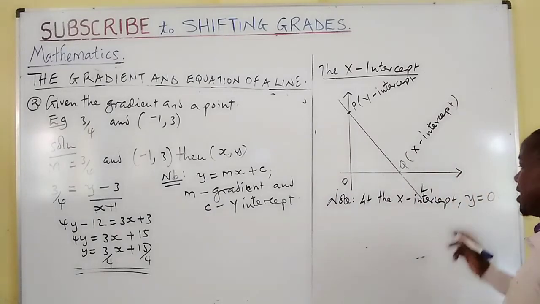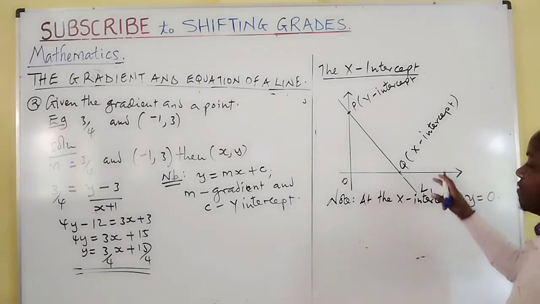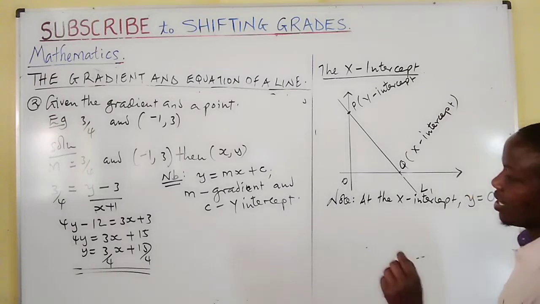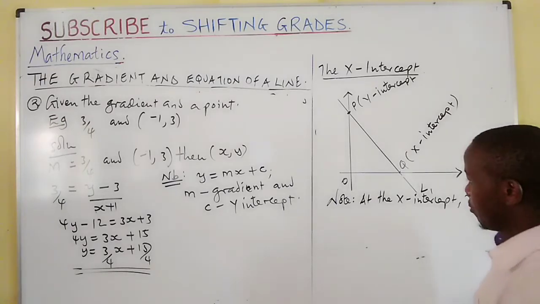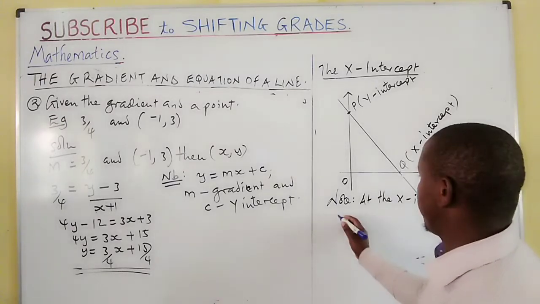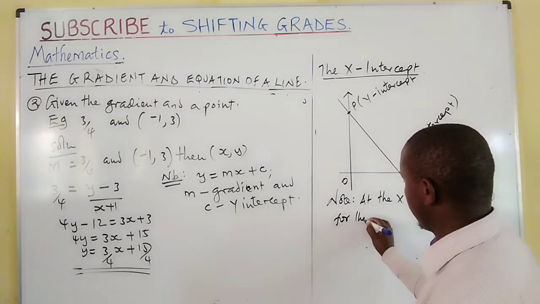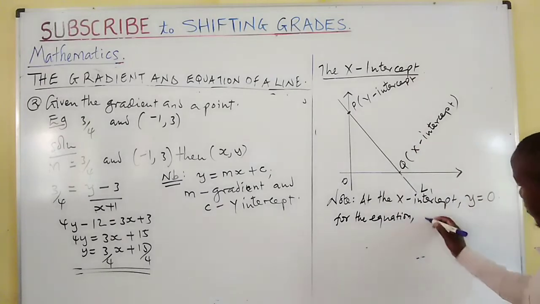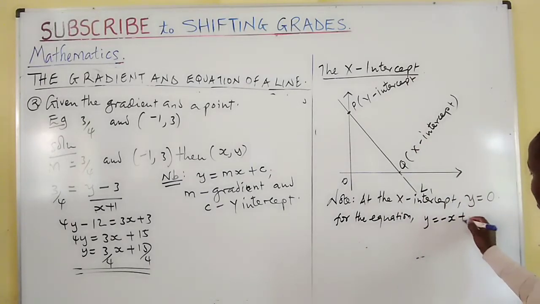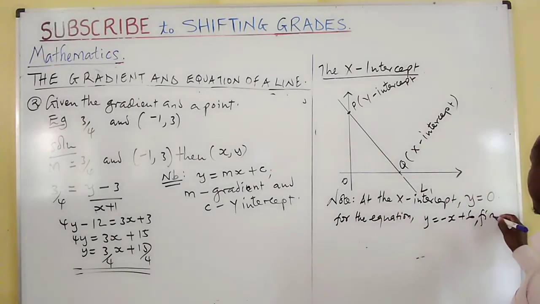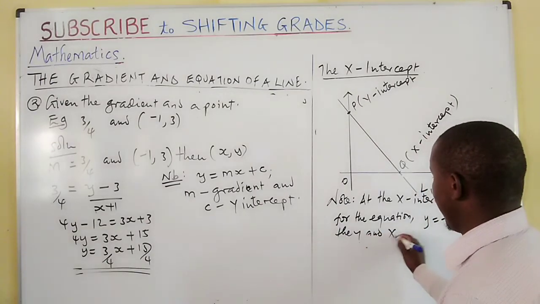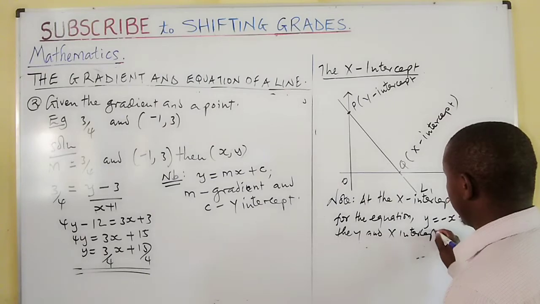Therefore, it becomes easier for us to determine the value of x where the line cuts the x-axis when the equation is provided. For example, if we are told the equation y = negative x plus 6, find the y- and x-intercept.